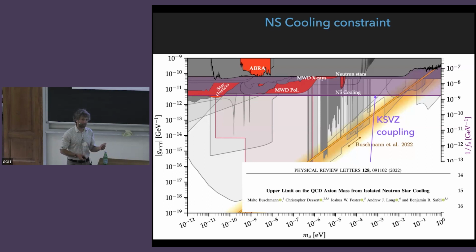But I agree that you could have strongly warped extra dimensions, for example, and everything could move down to a lower scale. And so from a bottom-up perspective, we should just look for everything. But my point is just that even when you take everything to be generic, you still find this part of the parameter space to be populated in the context of explicit string theory constructions, where you naively wouldn't. And I think that's pretty compelling.